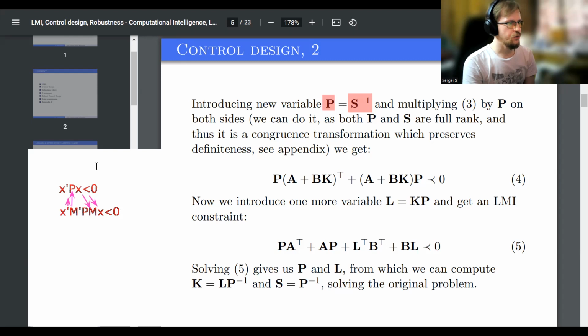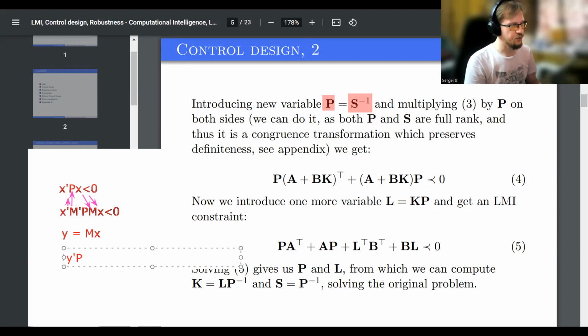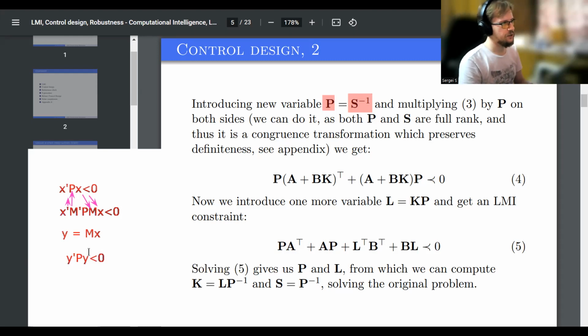The way we prove it is we introduce a new variable y, which is equal to Mx. In this new variable, we have the expression y transpose P y, which we know would be negative because P is negative definite.